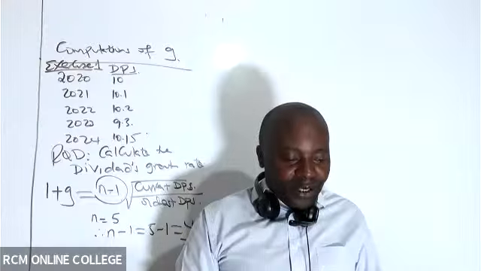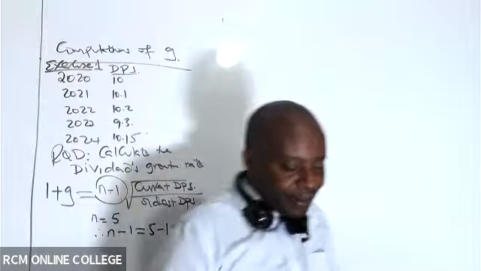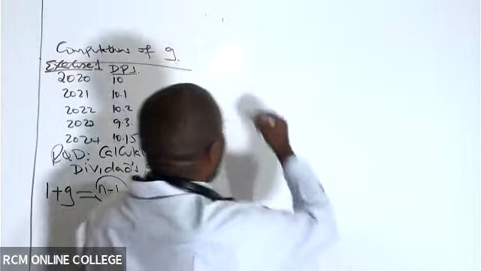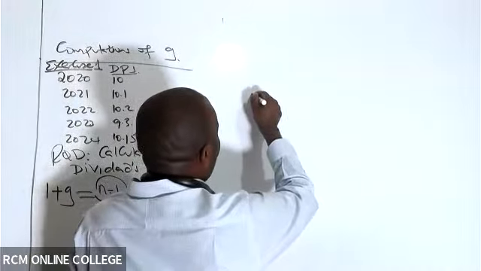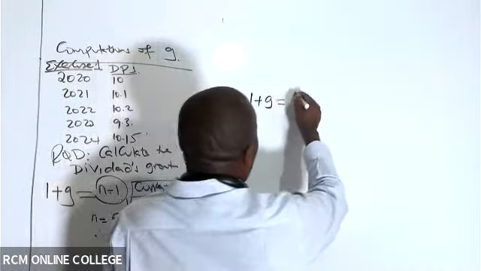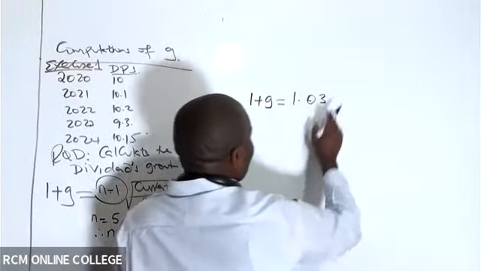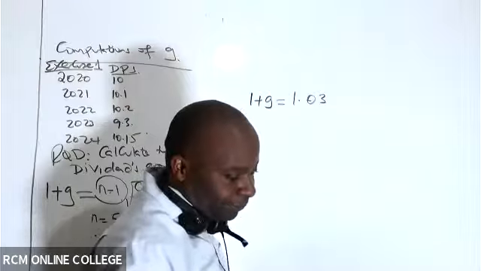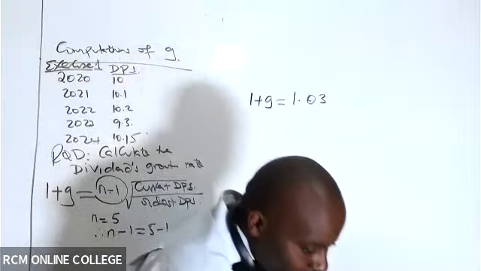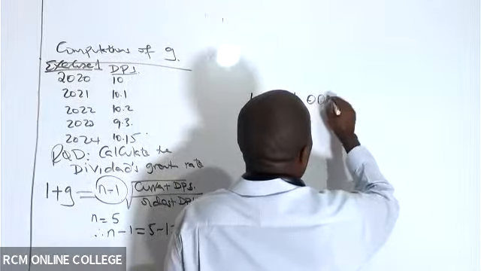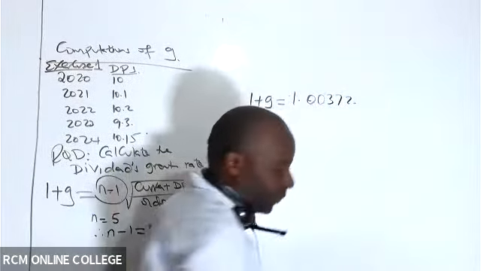Is the answer really correct? I don't know. What did you get? Let's get back a little bit. So in this case here, we have 1 plus G equals 1.00372, like that.